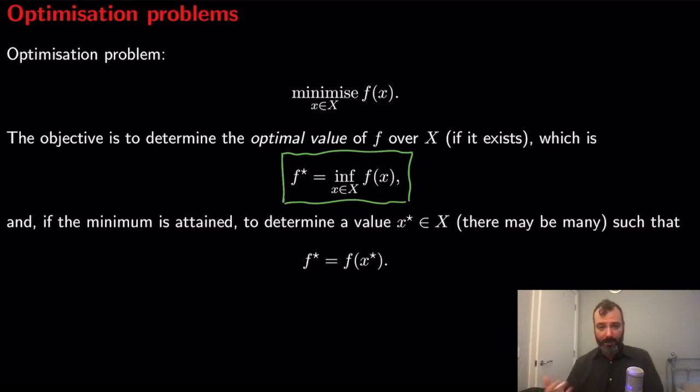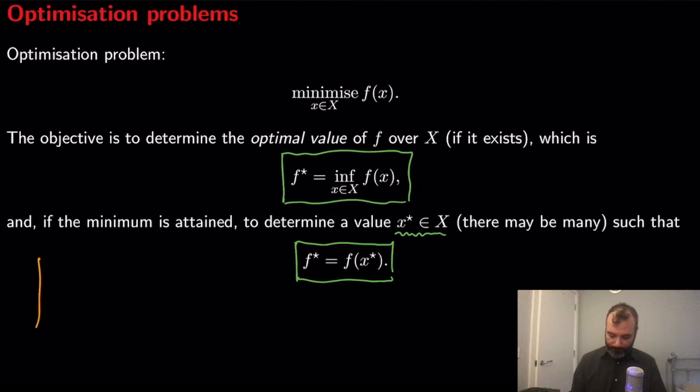And if we are lucky enough and we can replace the infimum by a minimum, so to put it differently, if the minimum is attained, then we can determine a specific point x star. There might be many. This doesn't mean that there is only a unique one, such that f star is equal to f at some point x star. I think it's best if I give you an example. I have a few later. I'll give you one now.